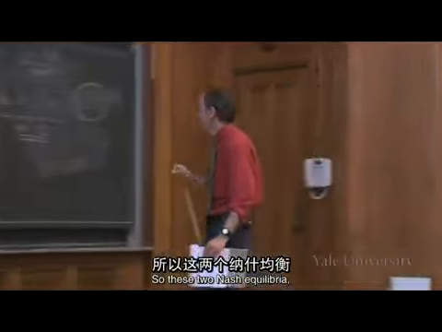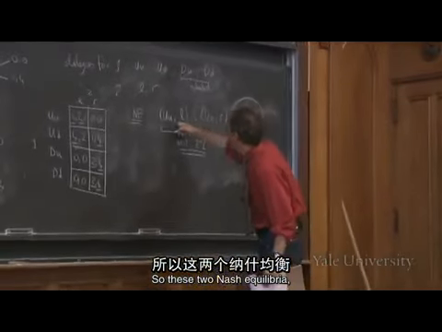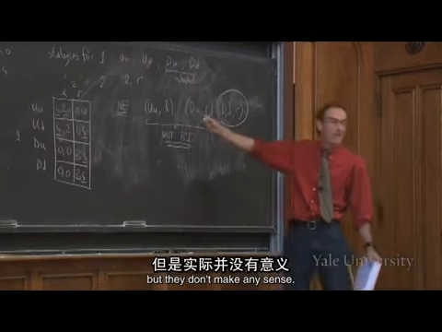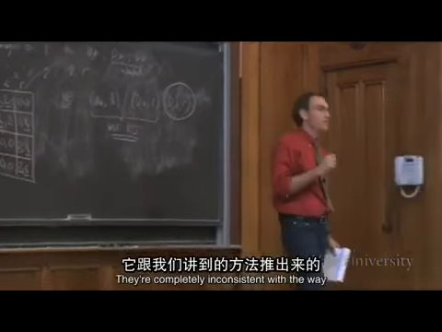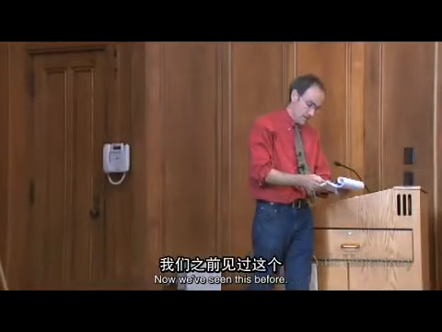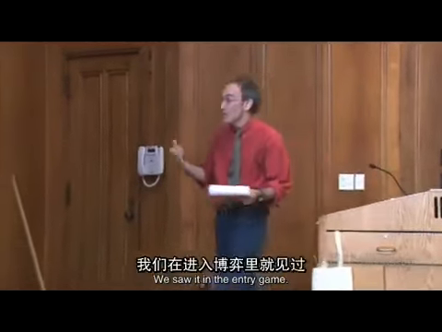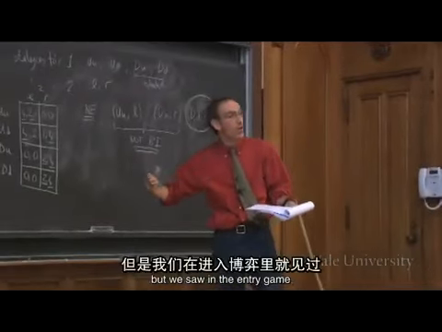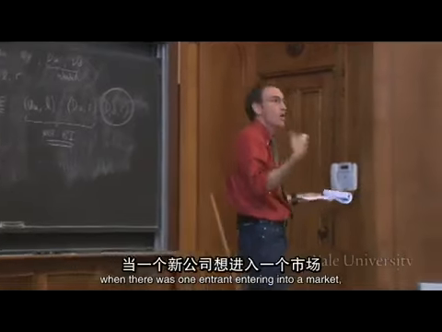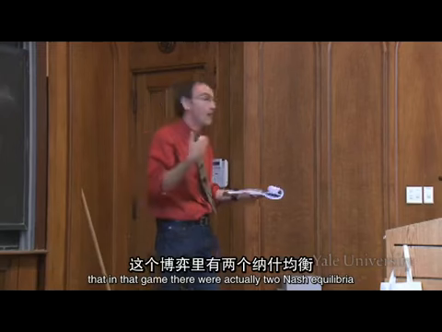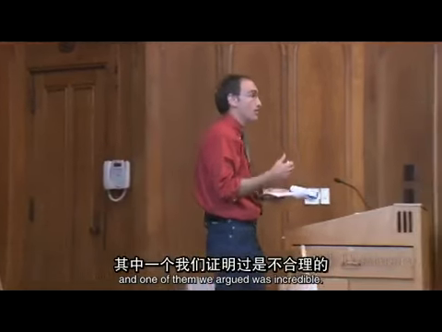Thank you. All right? So these two Nash equilibria are perfectly good Nash equilibria of the game, but they don't make any sense. They're completely inconsistent with the way we've learnt to talk about games. Now, we've seen this before. We saw it in the entry game. This is a much more complicated, much more interesting example, but in the entry game, when there was one entrant entering into a market, there were actually 2 Nash equilibria, and one of them, we argued, was incredible.